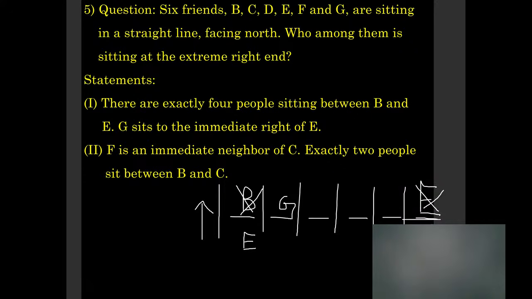So the order becomes E, G, three blanks, and last one is B. E sits at the first end, and after that, G sits to the immediate right. From the first one alone, we cannot get the answer. As the first one alone is not giving the answer, next, we should check the second one.